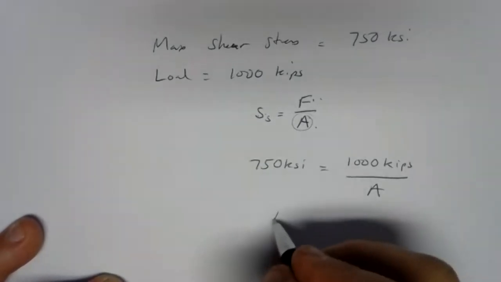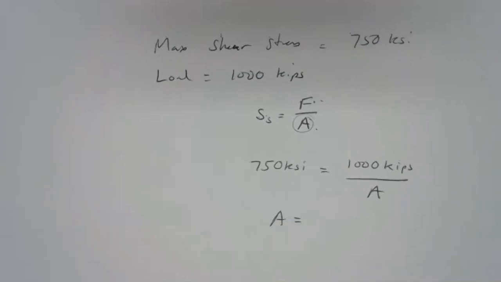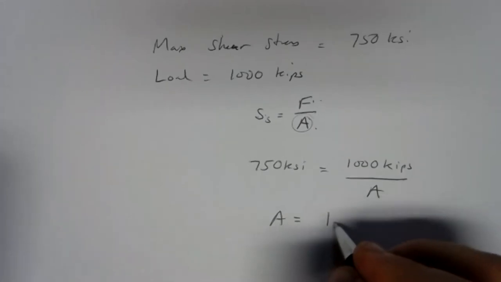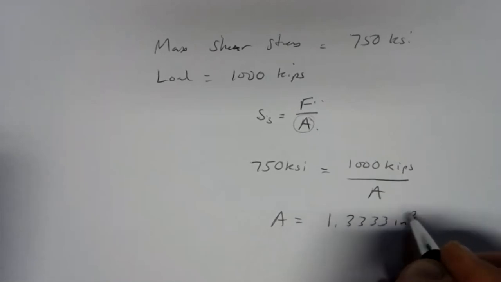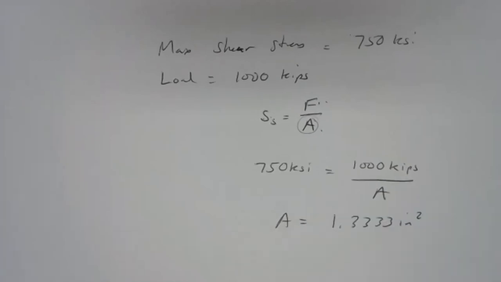So we'd cross multiply and solve that, and the area would come out to be 1,000 divided by 750. So we need an area of 1.3333 square inches, where I've kept 5 sig figs just for good measure.